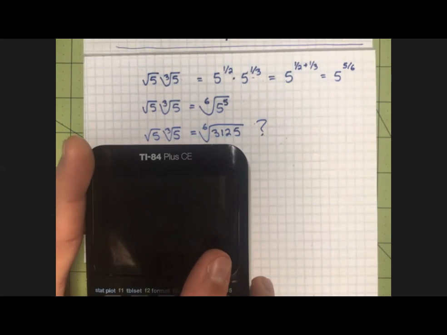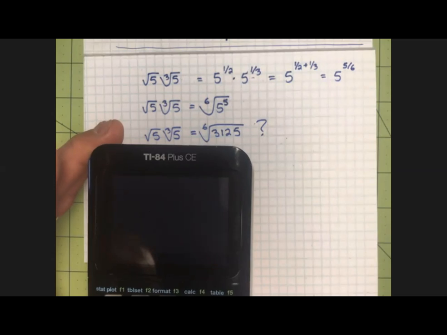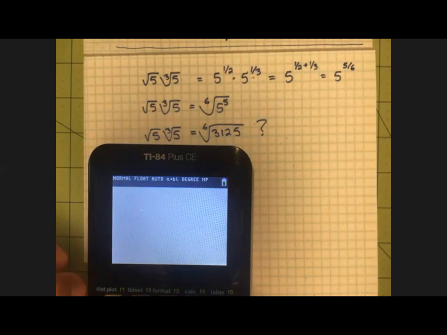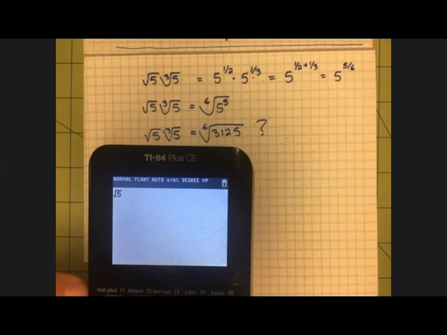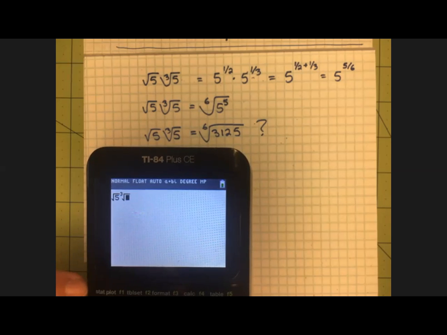Okay, back to my calculator stand. Square root of 5 times the cube root of 5 is that number right there. I better check 5 to the 5th power. Is it really 3125? Okay, got that.